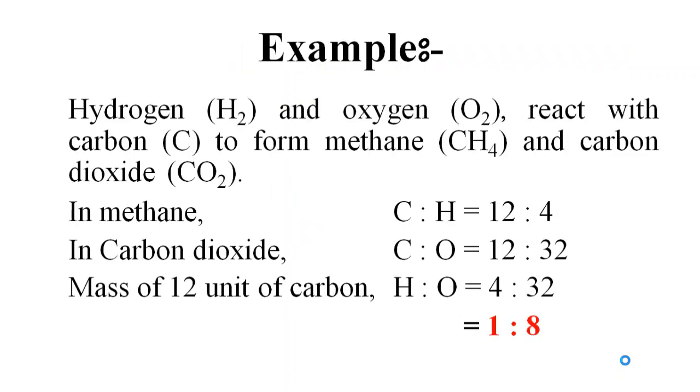Let us illustrate the law with an example. Consider three elements, namely carbon, hydrogen, and oxygen. Let both hydrogen and oxygen combine separately with carbon to form methane, that is CH4, and CO2 or carbon dioxide respectively.